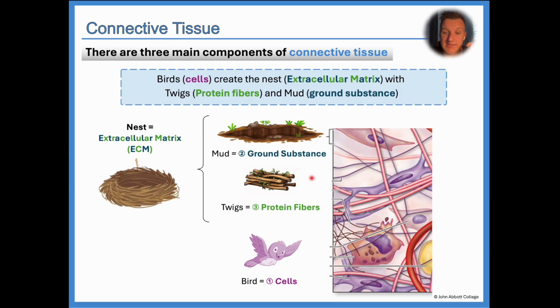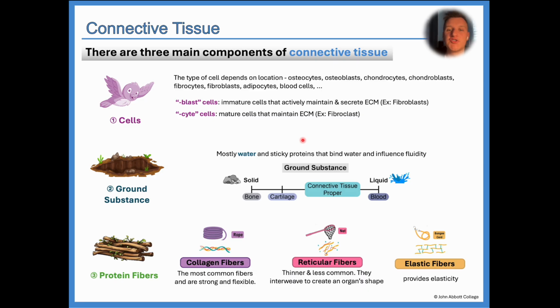If the bird instead puts a lot of ground substance and mud, it's going to be super goopy and very wet and not comfortable. That's going to be a totally other connective tissue, right? So that's why my analogy works, because you could change the nest and the connective tissue based on what you put there, okay?